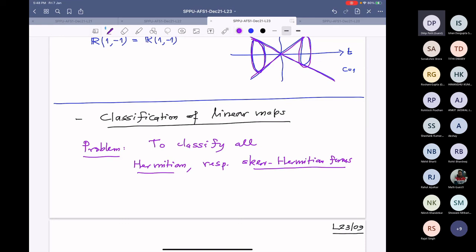That includes symmetric and skew symmetric. Hermitian, when kappa is identity, it is symmetric or skew.